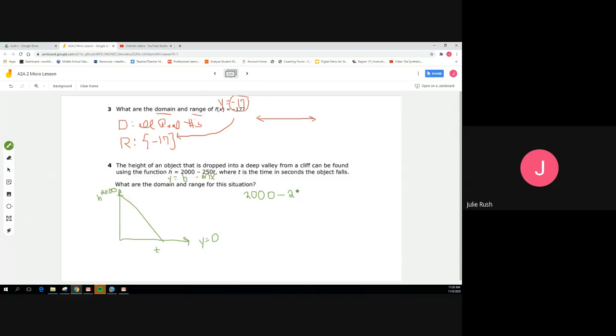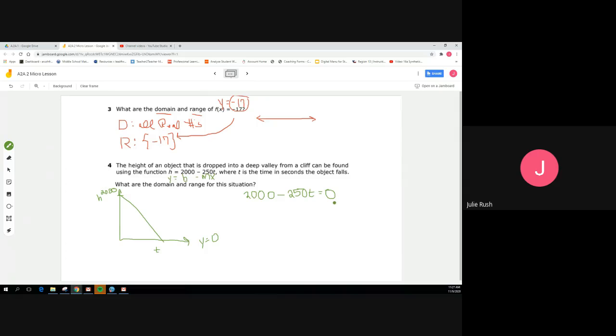and I am looking for what value I put in for t that would give me a height of 0. And so we can plug this in or do it by hand.